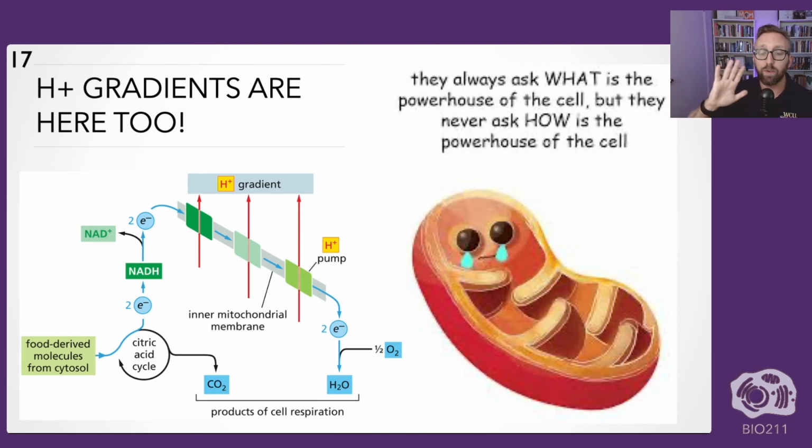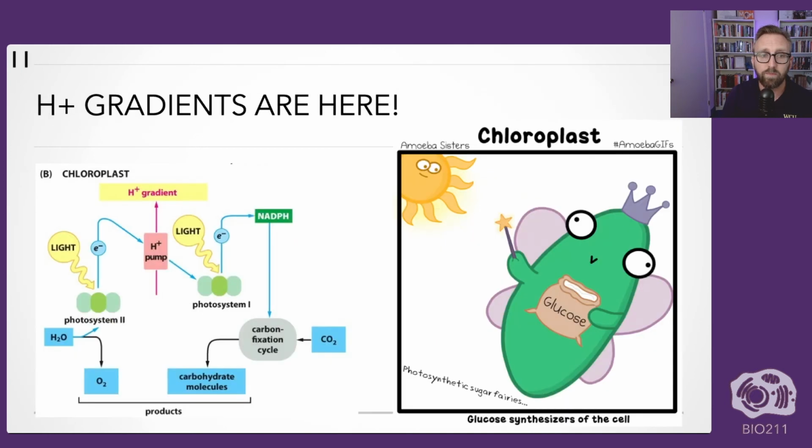So if you want to compare the two, this one is taking food, using the energy to pump protons, and then your final byproduct is water. Whereas photosynthesis is taking water, applying energy to those electrons, and using it to make the food. So they are kind of reverse of each other.